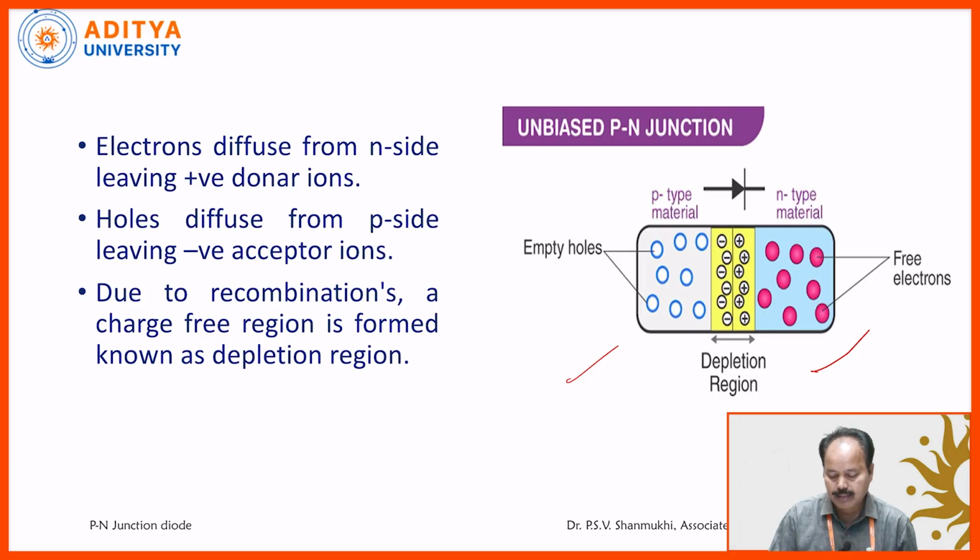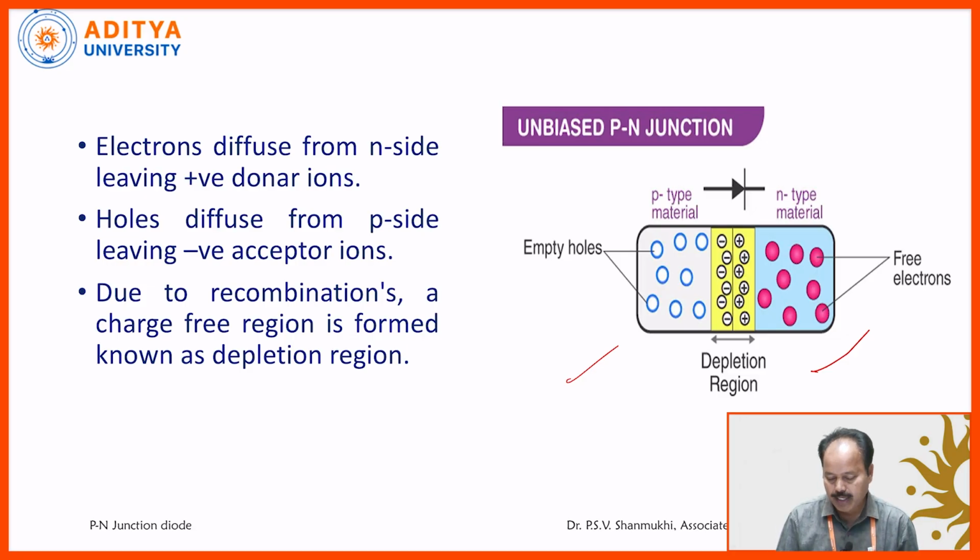In the same way, in an n-type semiconductor, electrons are the majority carriers, holes are the minority carriers, and there exist some donor impurities like arsenic, phosphorus, etc.